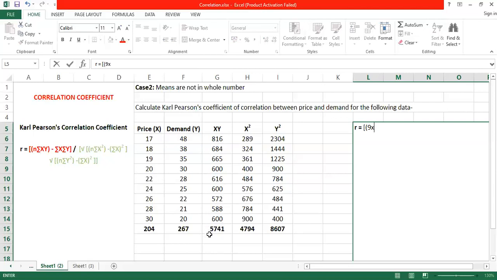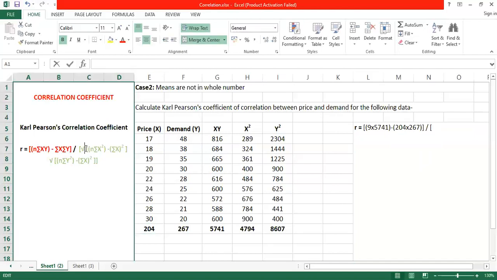That means summation of XY. So it is 5741, right? Minus. What we have in minus is sigma X, that means the summation of X. So it is 204 into sigma Y. So summation of Y is 267, right? Divided by this. So we need to put a square root.